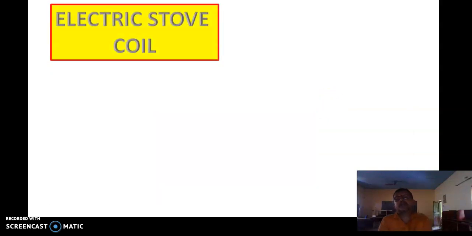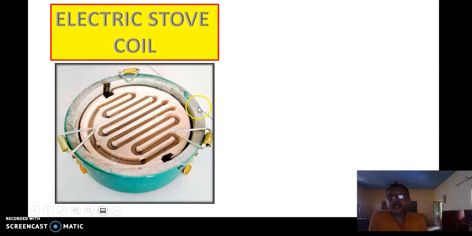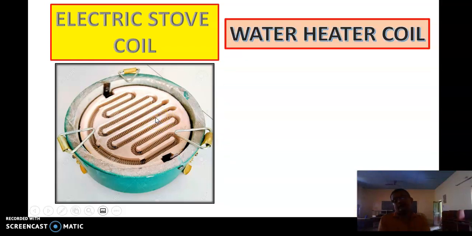Another one is the electric stove. Here also you can observe the coil, which is in a curved form. Why is it in this form? To increase the length. It is made curved to increase the length, and as the length increases, the resistance increases.